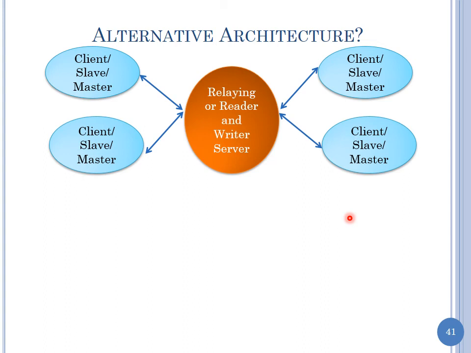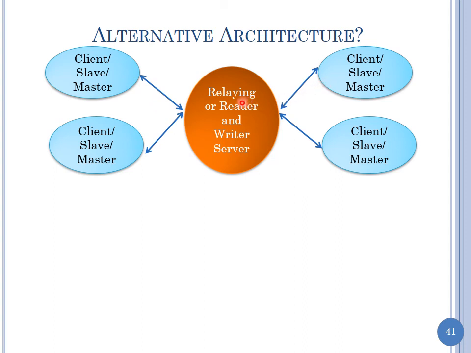So we have this server here, which might be just a master, or it might be a slave that became a master, or it might be just a relaying server, something that simply communicates messages among the clients and does not keep any state at all.